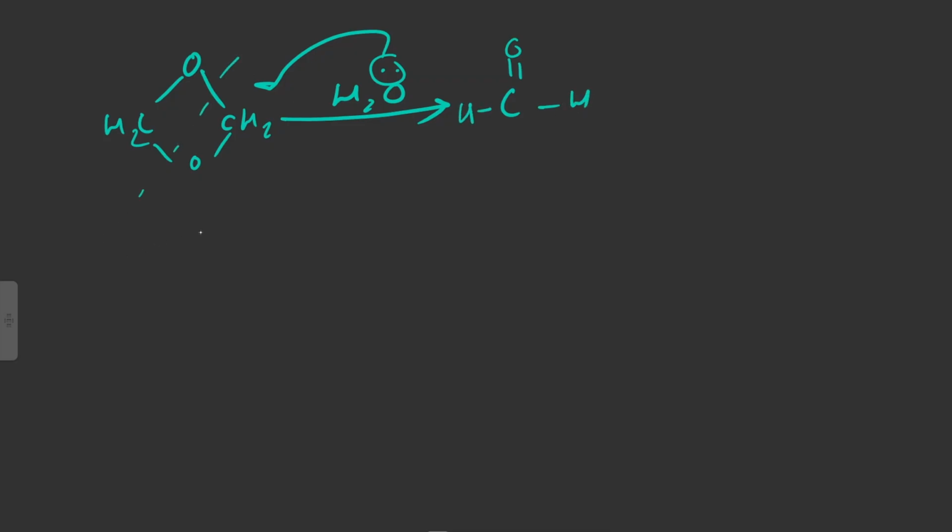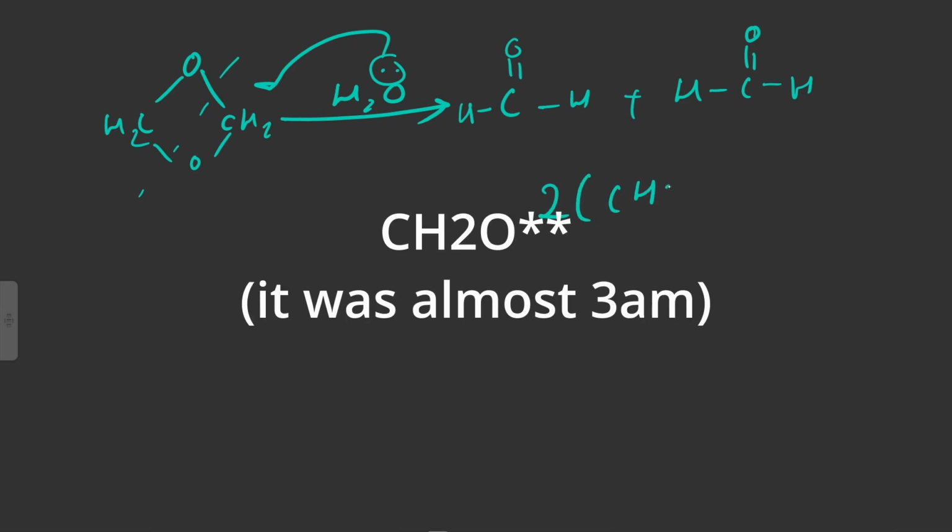And similarly, we will get another one of this. So basically we have 2 moles of CHO. So this was reductive ozonolysis.